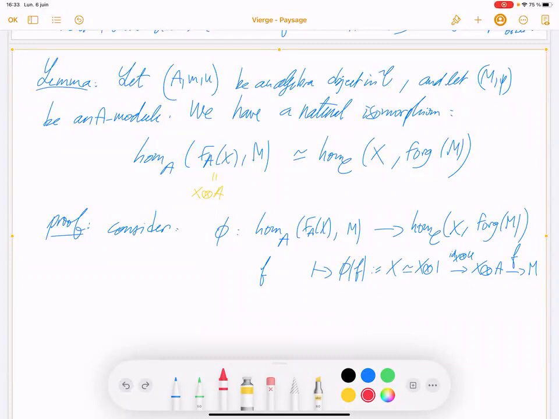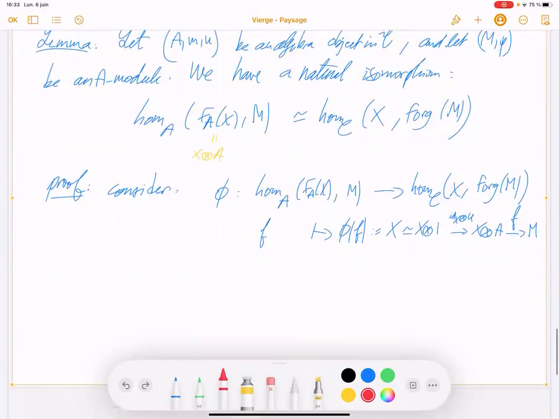Okay, so this is the first morphism, the first function.